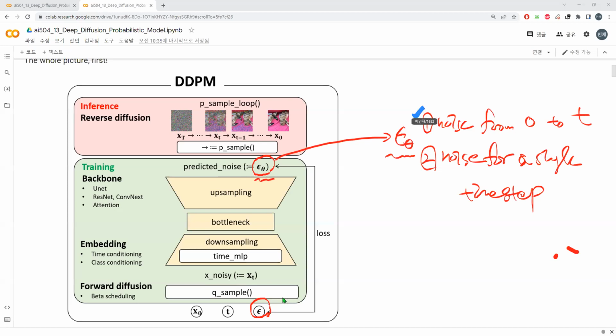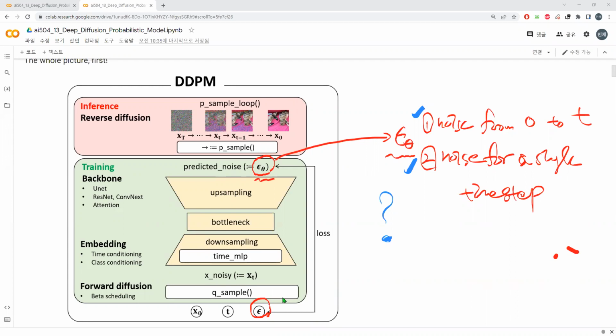The answer is 1 or 2. Please answer it in the chat box. What's the answer? 1 or 2?